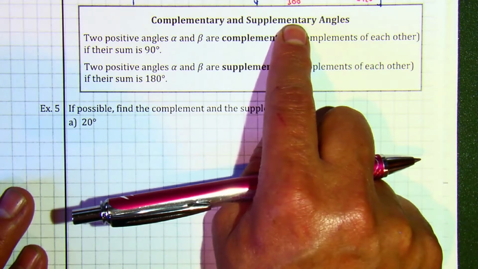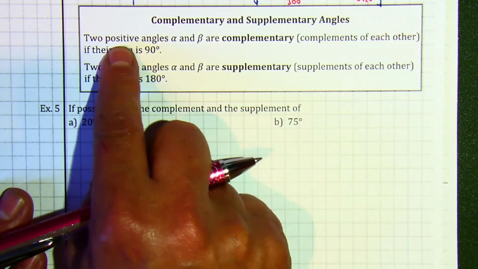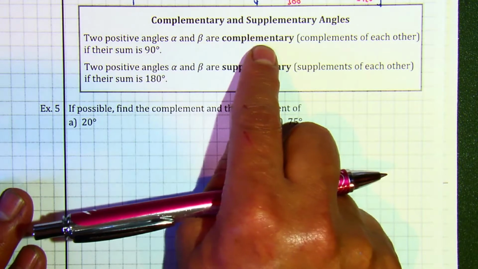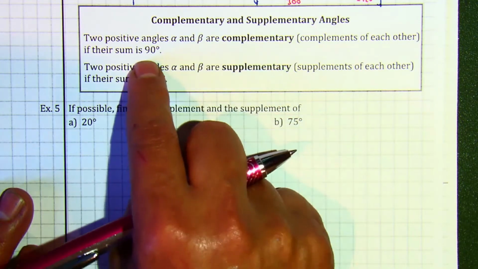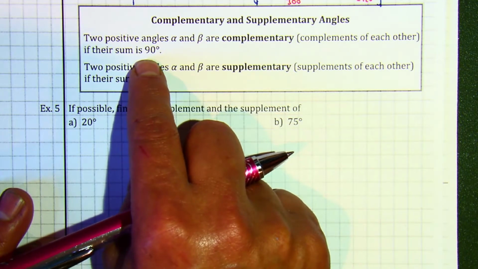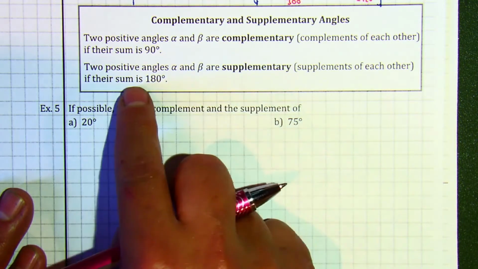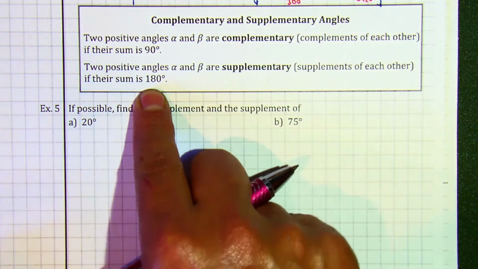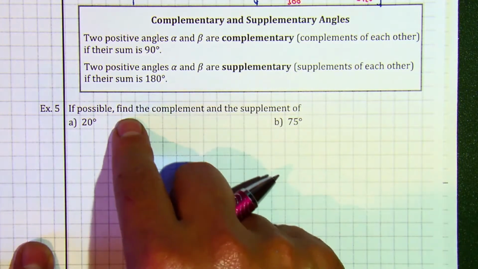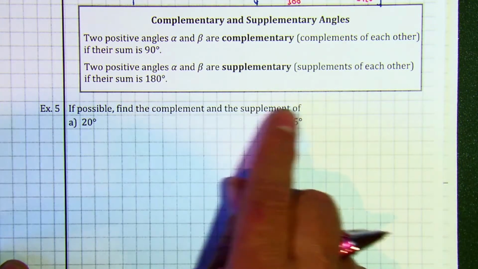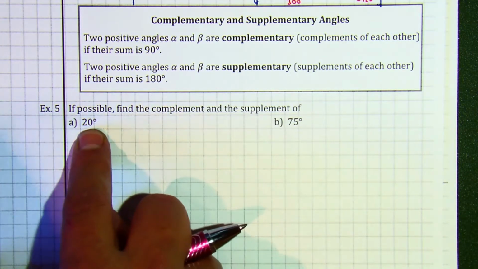Complementary and supplementary angles. Two angles are complementary if their sum is equal to 90 degrees. Two positive angles are supplementary if their sum is equal to 180 degrees. So if possible, find the complement and the supplement of 20 degrees.